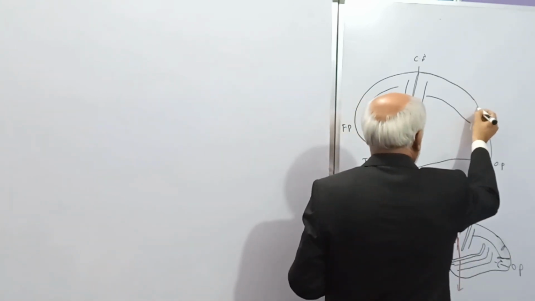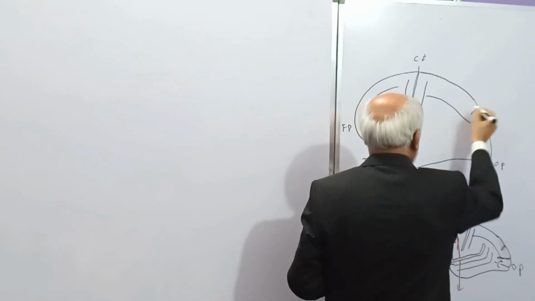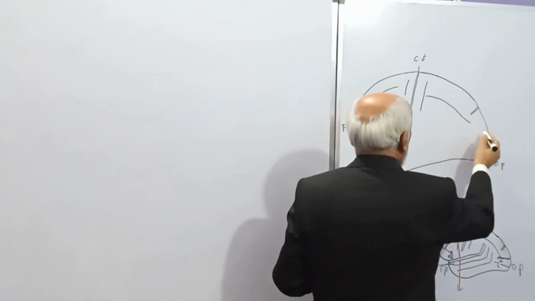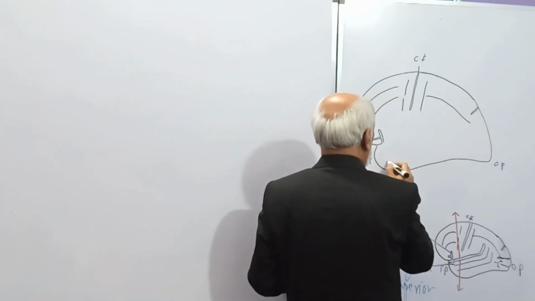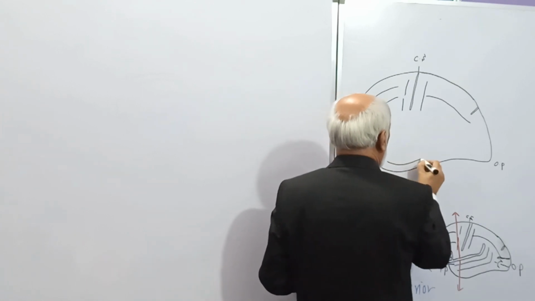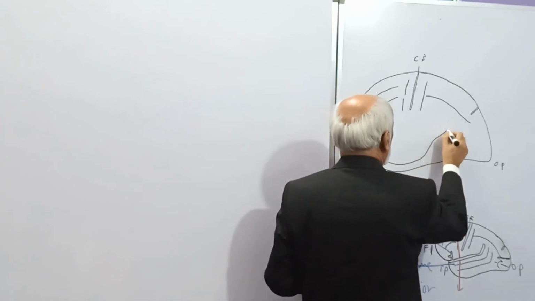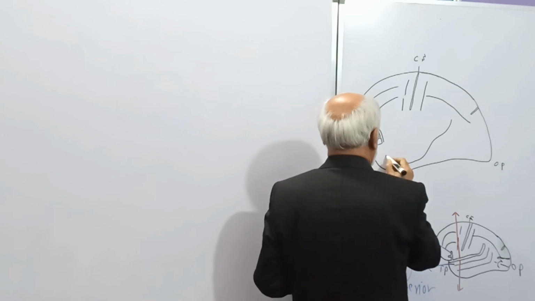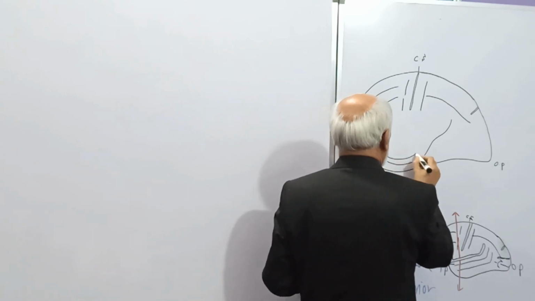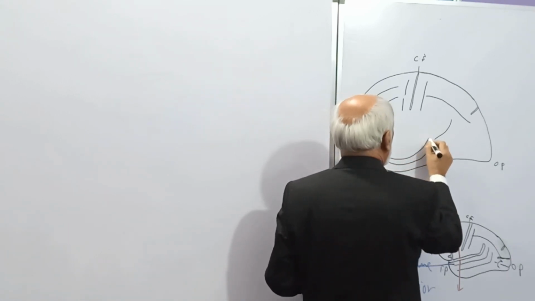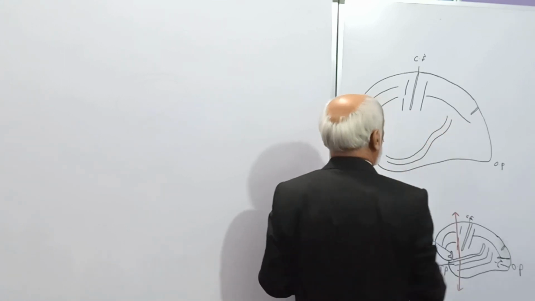Then you know this is the parieto-occipital sulcus. This is the inferior temporal sulcus. And this is the superior temporal sulcus.